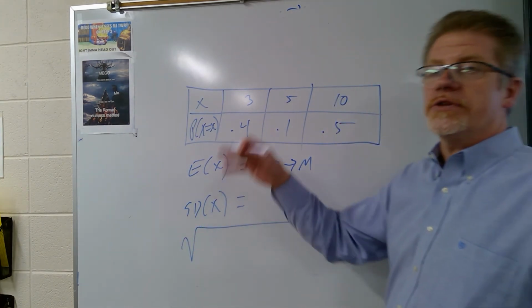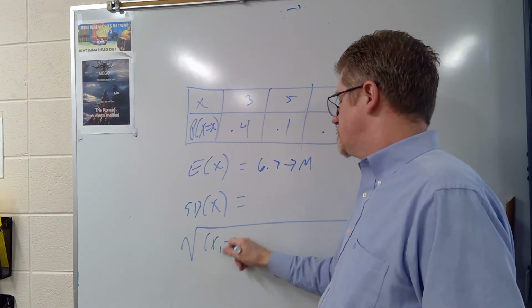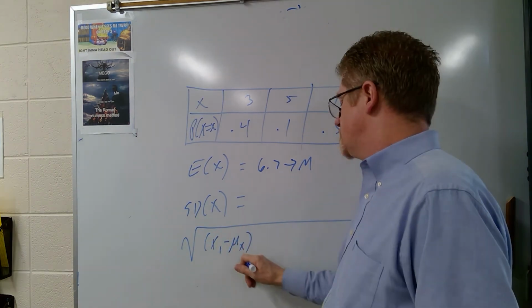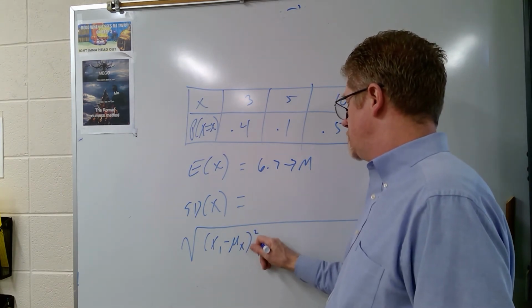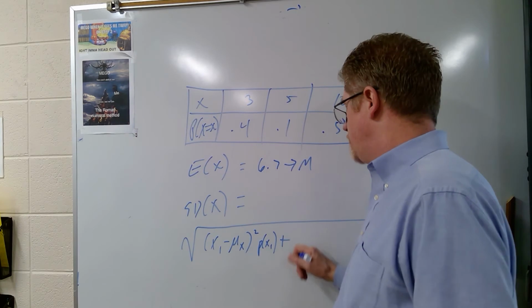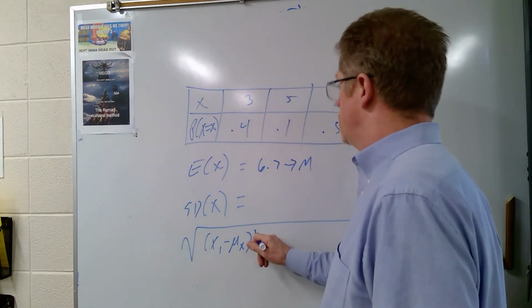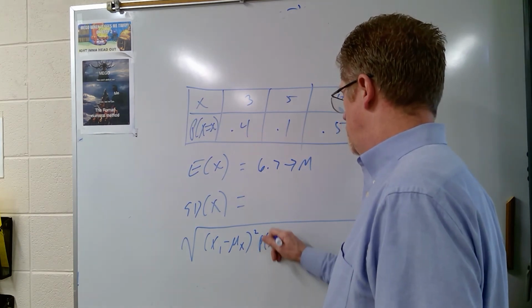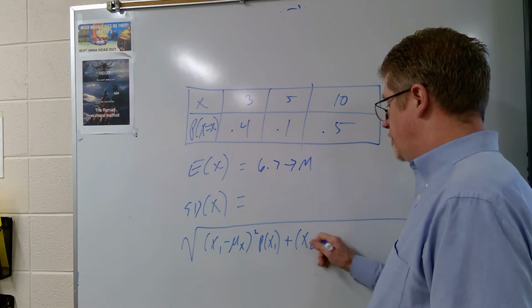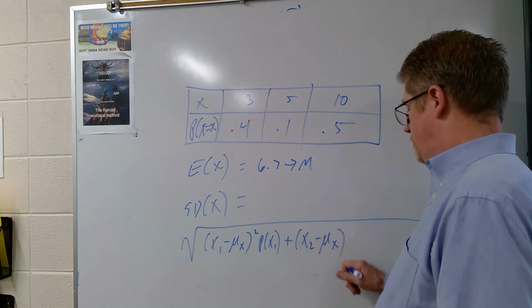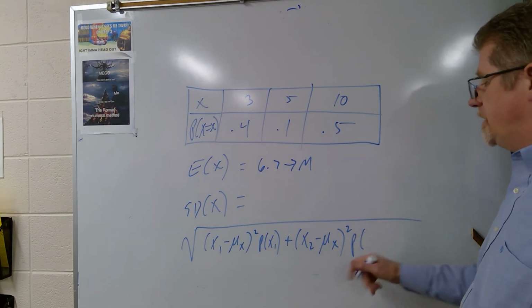Before I actually give you the answer, the formula is x1 minus mu sub x, which is the expected value, squared times the probability of x1, plus x2 minus the mean squared times the probability of x2.